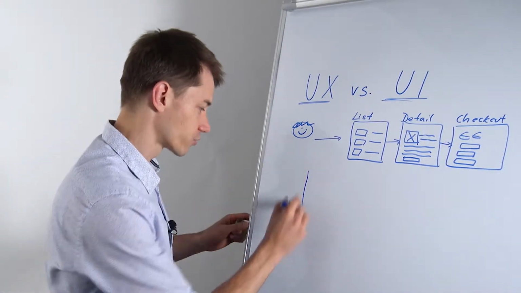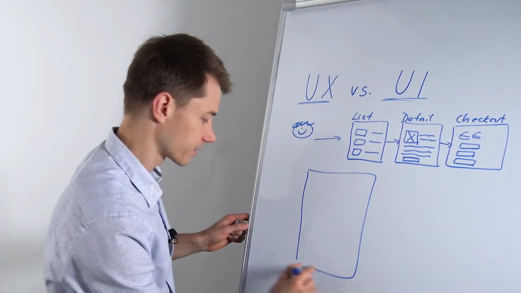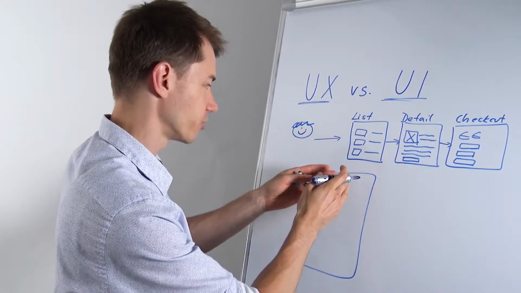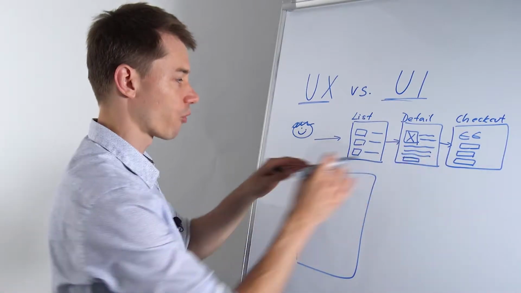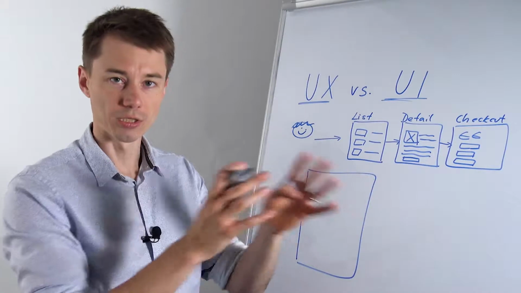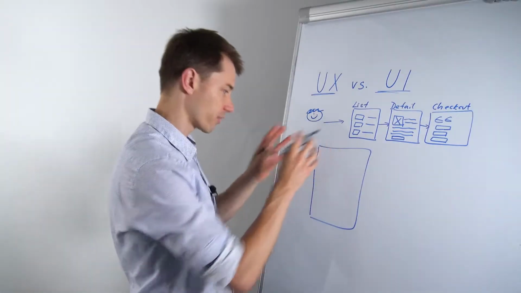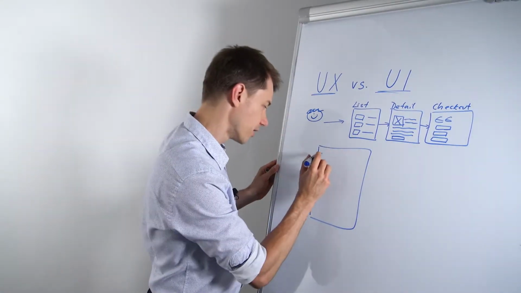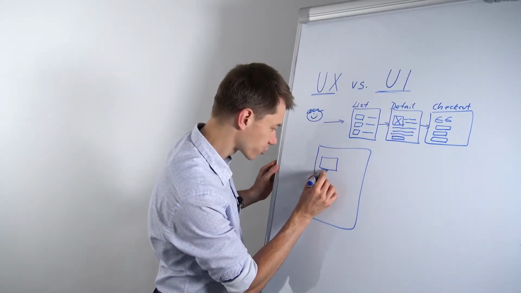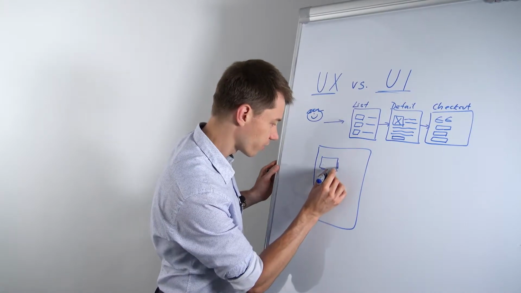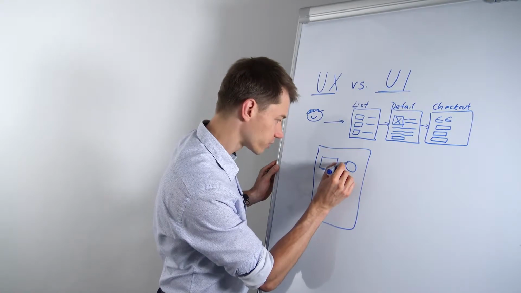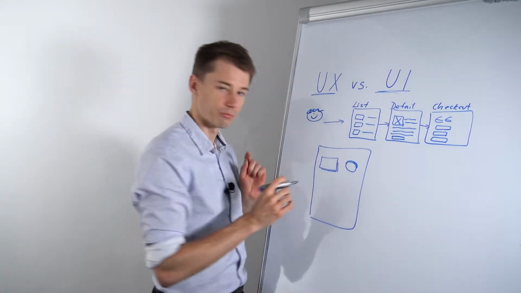And then user interface is a very detailed look at some of these pages. So here, this could be the mockups, and the user experience designer indicates, from which screen to which the user should get. And then the user interface designer takes this and makes it really beautiful. So it's like, oh, well, here should be some shadow, and here actually this profile photo should be rounded and the radius should be 50%.